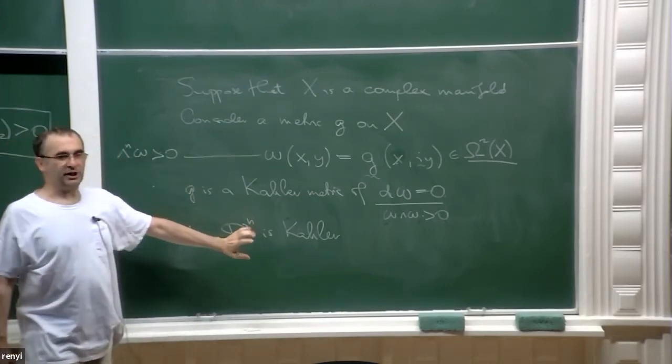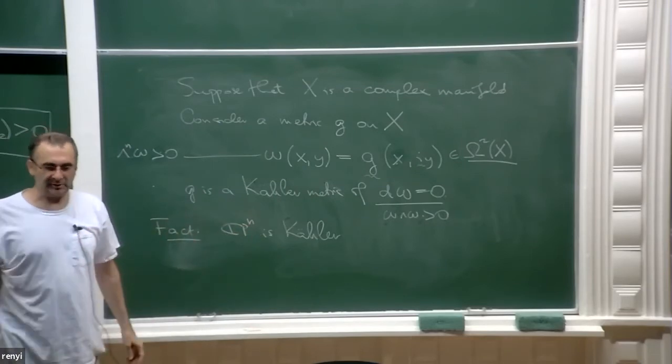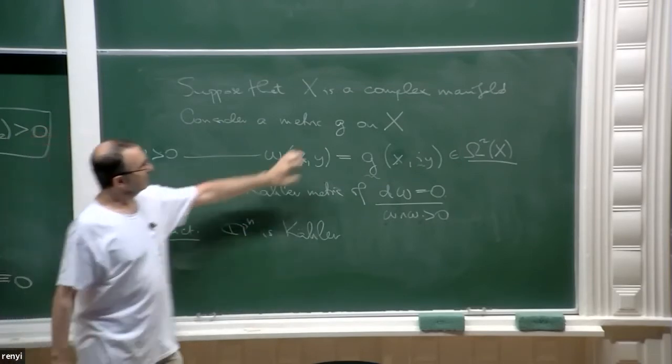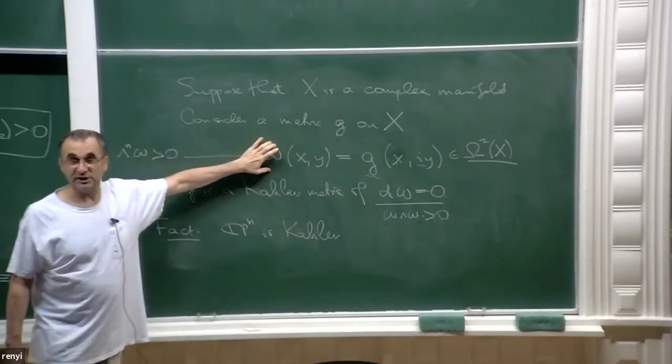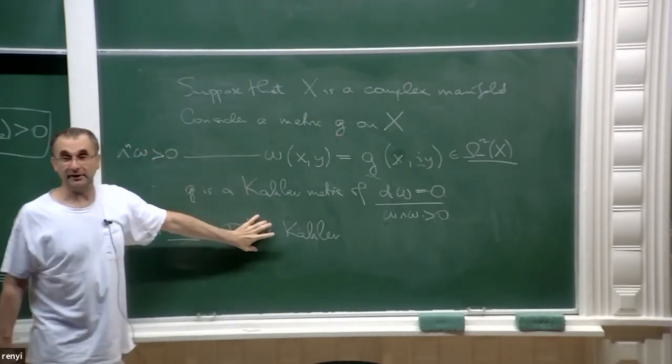And it requires a little bit of patience to write down the actual metric, and from the metric, the actual omega, which just shows that this is a Kähler manifold.